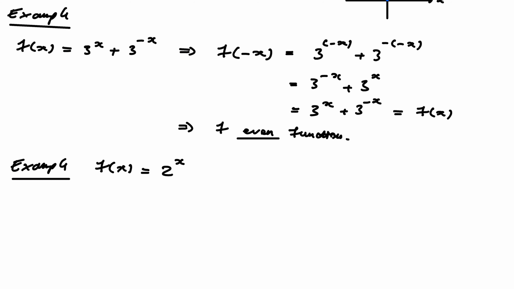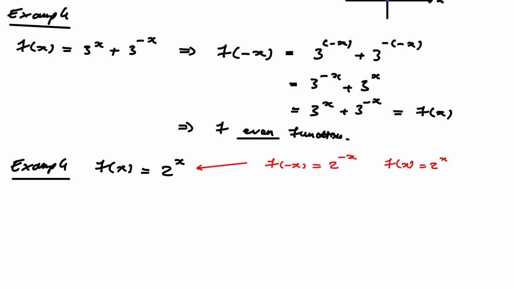If I was doing this without a little bit of free thought, I might try and do the same thing. So I'll say, okay, f of minus x is equal to 2 to the minus x. And then I've got my f of x over here is equal to 2 to the x. And I'm like, well, are they equal to each other? That minus x looks different, but maybe they're negatives of each other, I'm not sure.